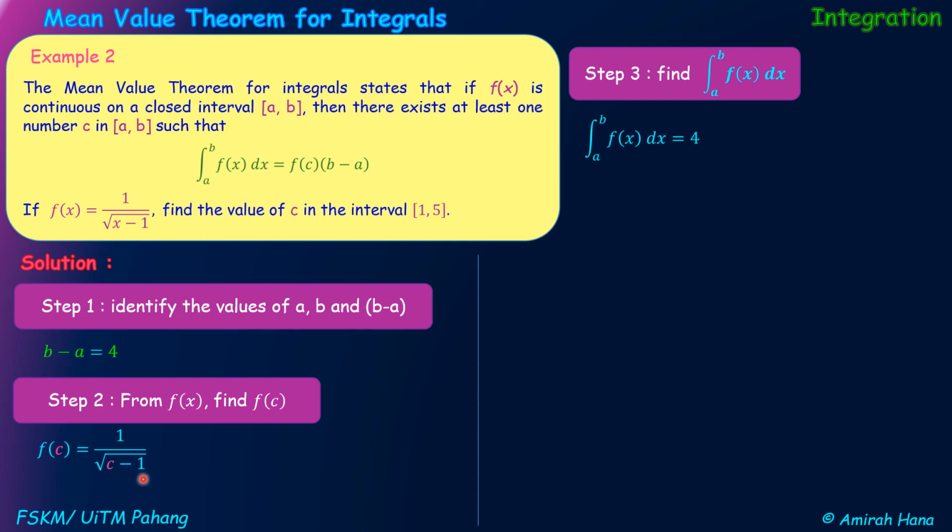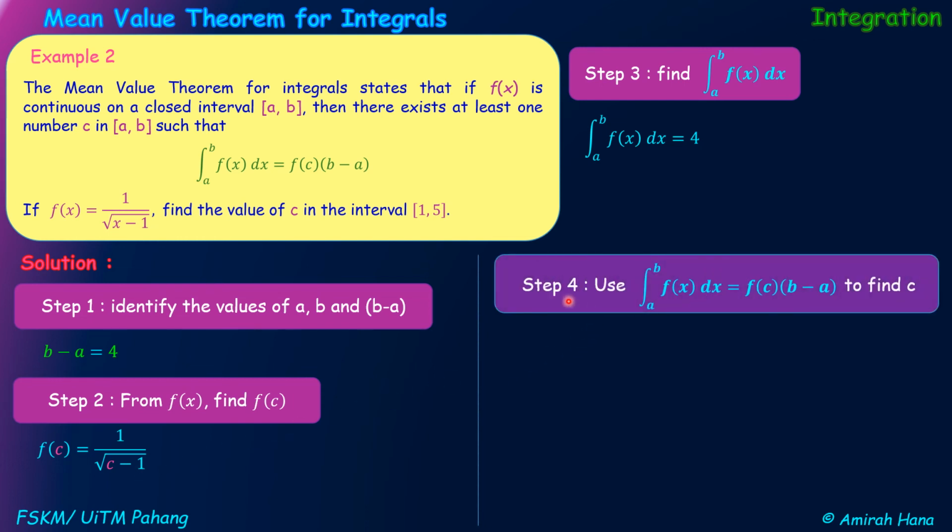Now we continue with step 4. Use integration from a to b of f(x) dx equals f(c) times b minus a. The integral we find in step 3, f(c) we find in step 2, and b minus a we find in step 1.